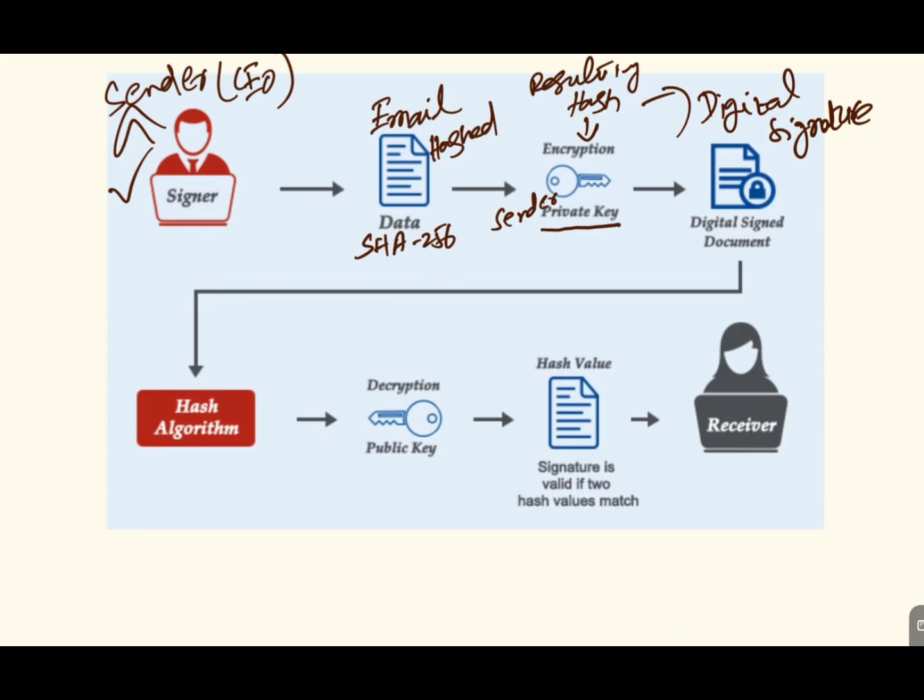A digital signature only ensures integrity and authenticity. It does not ensure confidentiality. So the email content could be visible. It is a public thing. If you see that content, you can read through it.